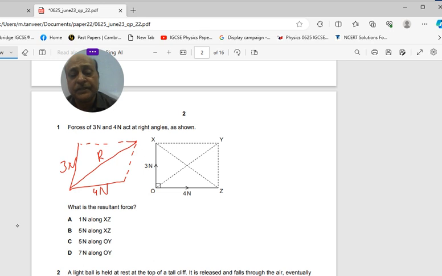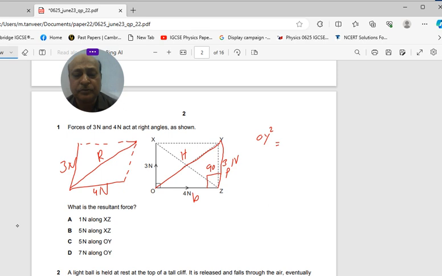Now if you see this diagonal, this is the resultant, OY. This side is the 3 Newton force. Since they are making an angle of 90 degrees, it is a right angled triangle. In a right angle triangle, you know that this is the hypotenuse, this is the perpendicular, and this is the base.